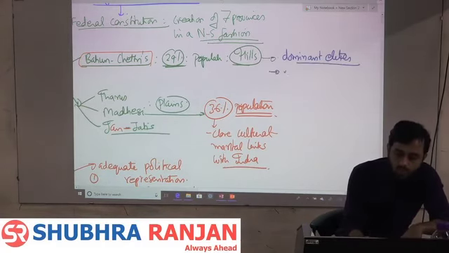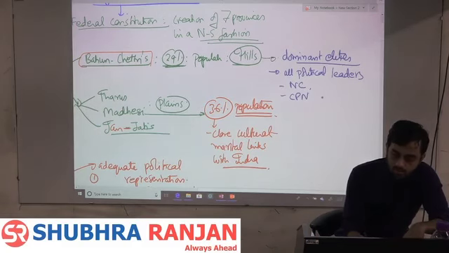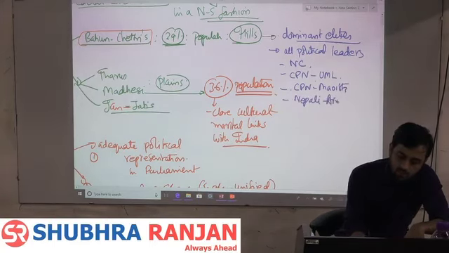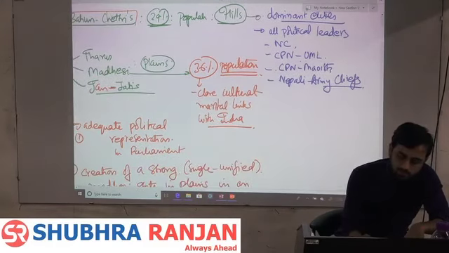Dominant elites in the sense that all political parties and all major political leaders in Nepal, whether of the Nepali Congress, the Communist Party of Nepal (Unified Marxist-Leninist), the Communist Party of Nepal (Maoist) factions, the Nepali army chiefs, or the ex-royalty, basically all of them come from the Bahun Kshetri groups.